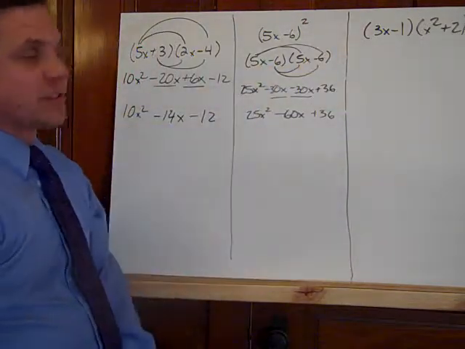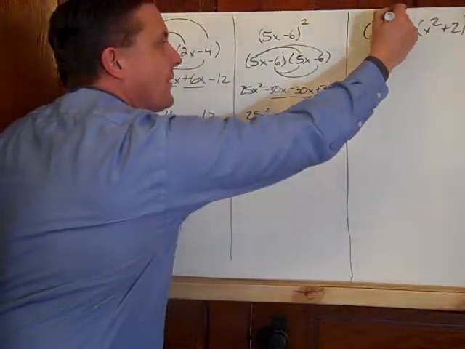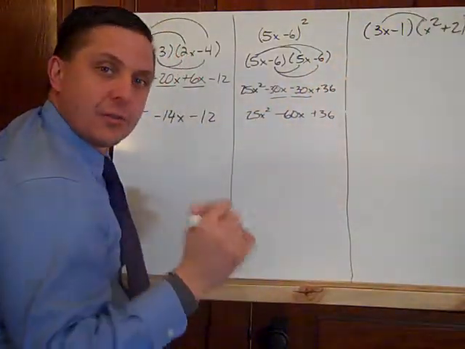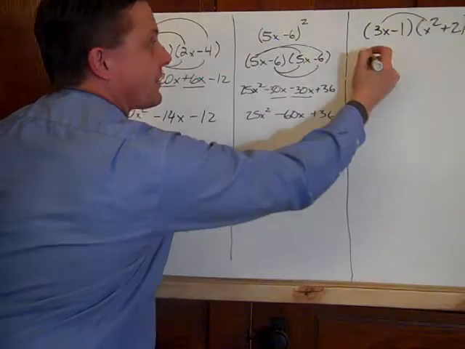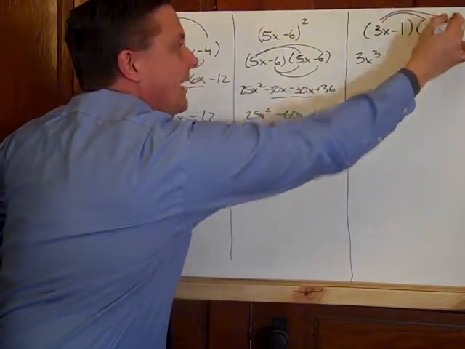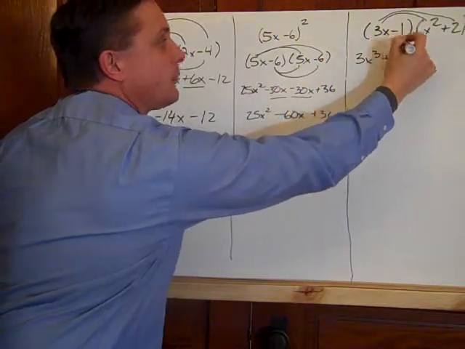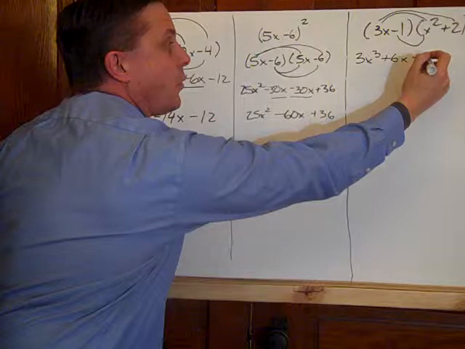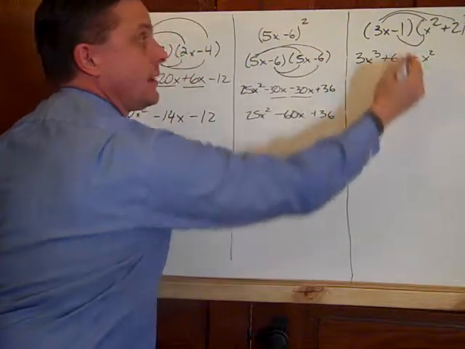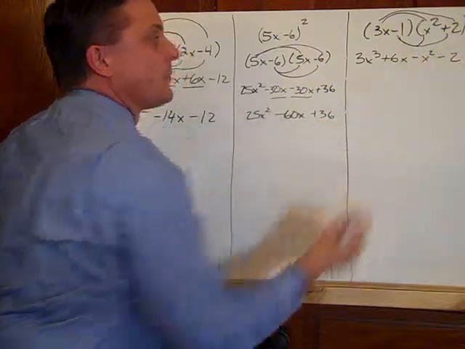Now in the last one, it's still two binomials, but I changed it up a little bit. So 3x times x squared, 3x cubed. 3x times positive 2, positive 6x. Negative 1 times x squared, negative 1x squared or negative x squared. And negative 1 times positive 2, negative 2.